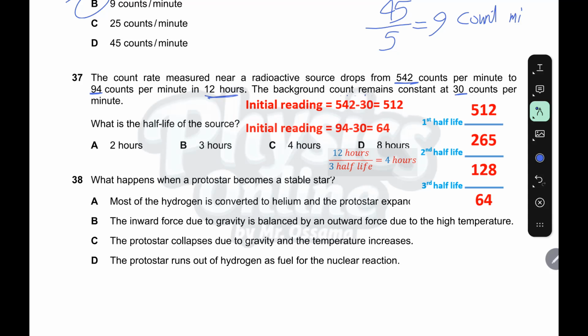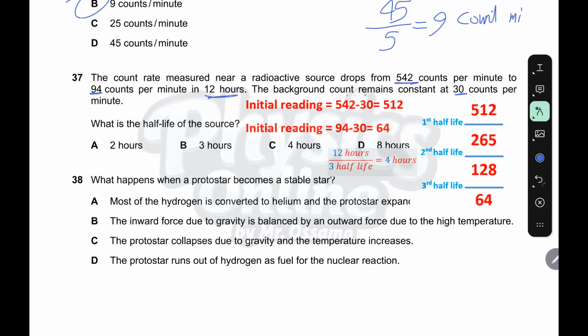Now we want to see: 494. After one half-life, we divide it by 2, which gives you 247. After another half-life, it is 123 divided by 2. After another half-life, it is 62, which is almost 64.